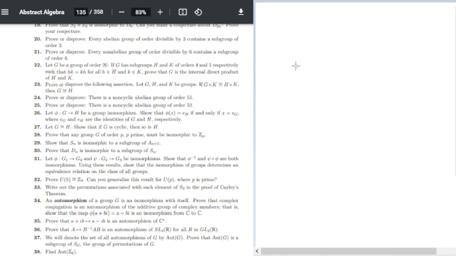So, okay. Let phi be an isomorphism of G times K to H times K.